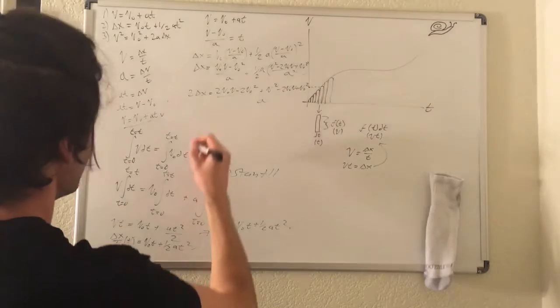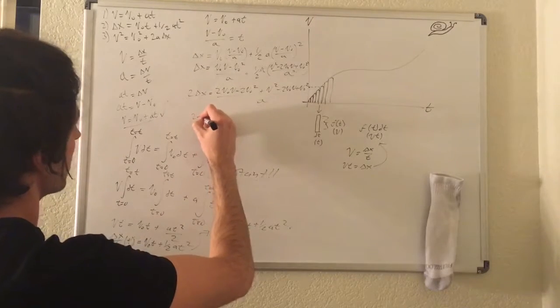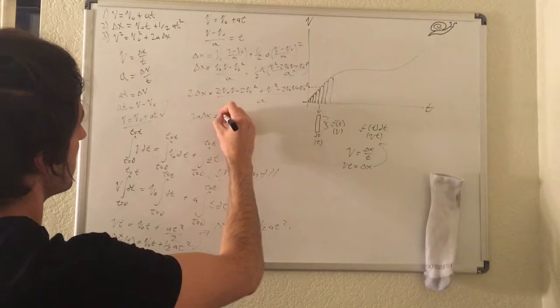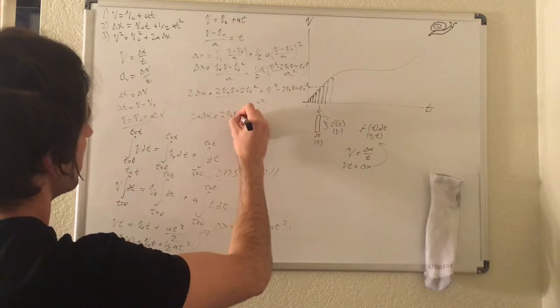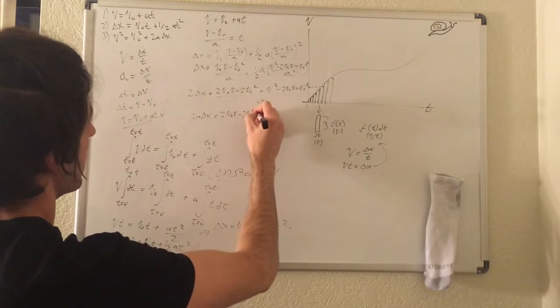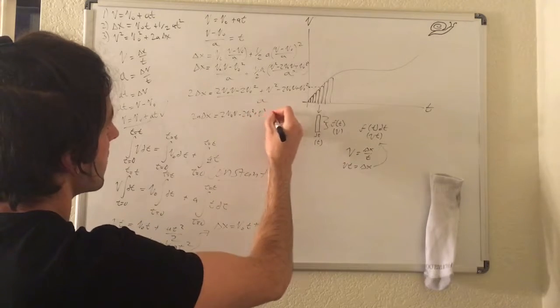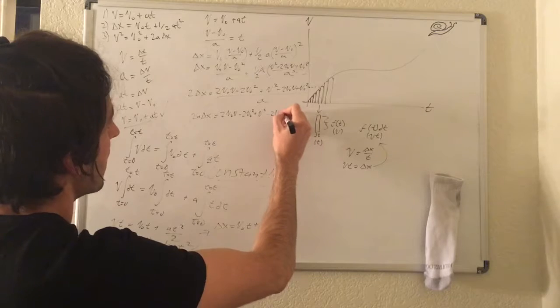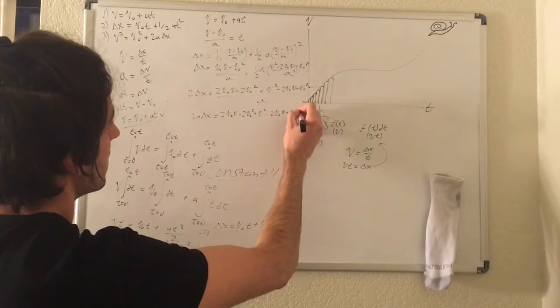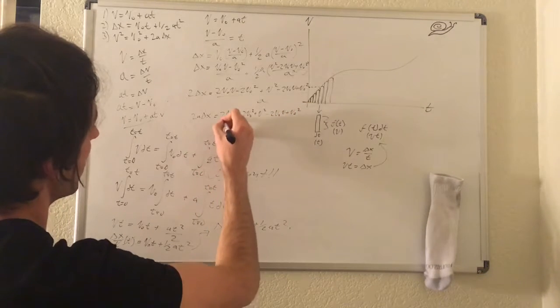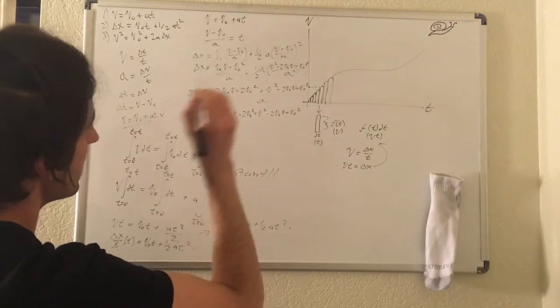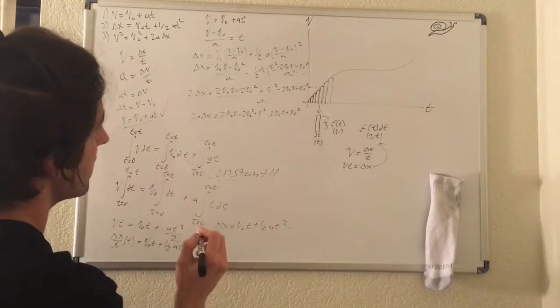Multiply both sides by a, so we get 2 times acceleration times displacement equals 2v naught v minus 2v naught squared plus v squared minus 2v naught v plus v naught squared. And then we have positive 2v naught v, negative 2v naught v.